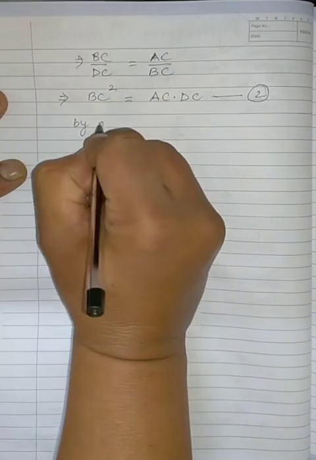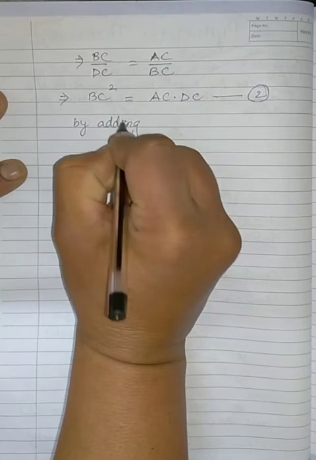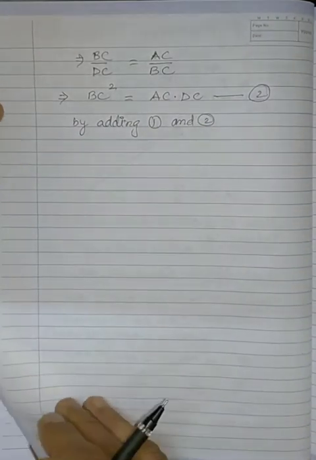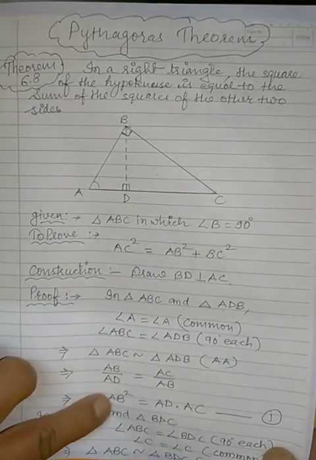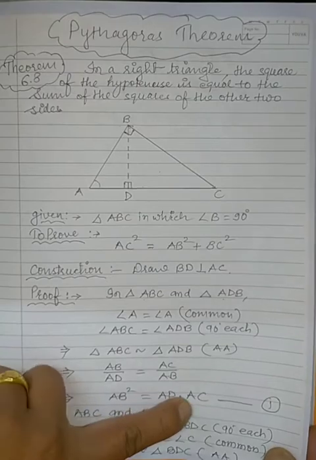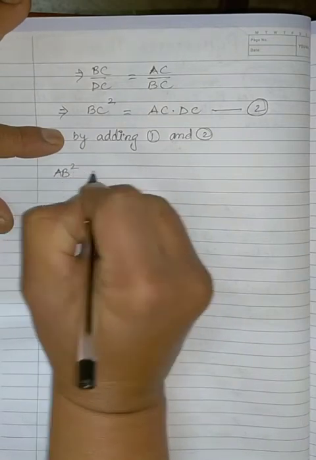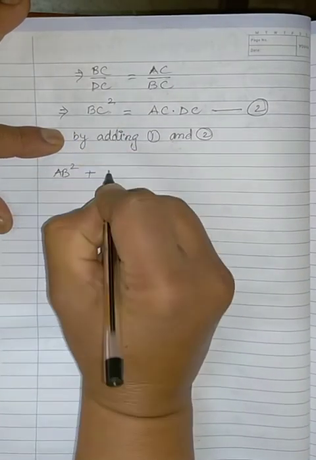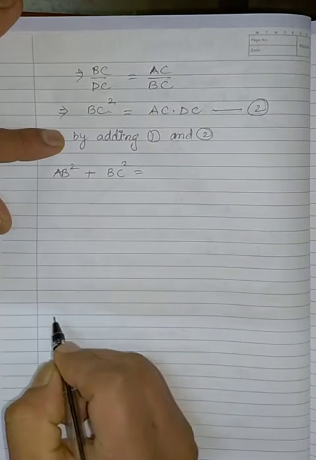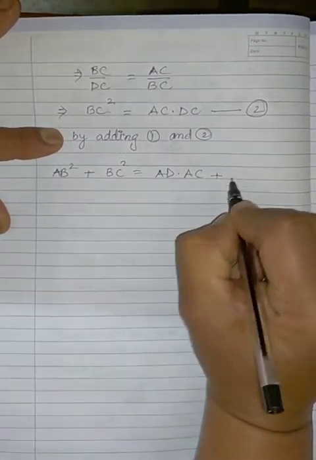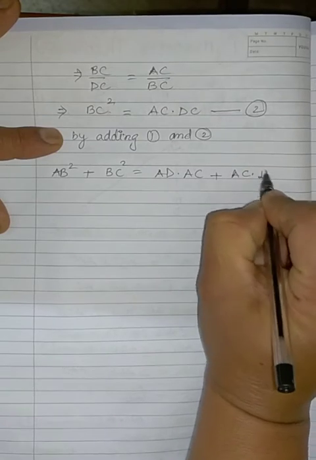So by adding equation number 1 and equation number 2, equation number 1 was AB square is equal to AD into AC, plus BC square is equal to AC into DC.